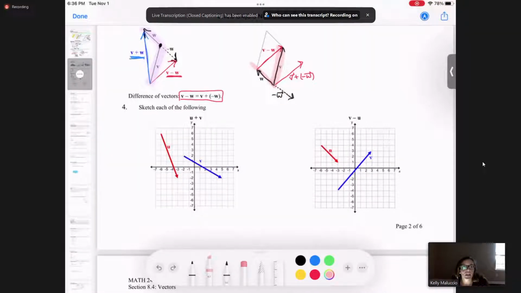So, if we want to start with this first one and sketch u plus v, you have an option here. You can shift v so that it is touching at the end of u.